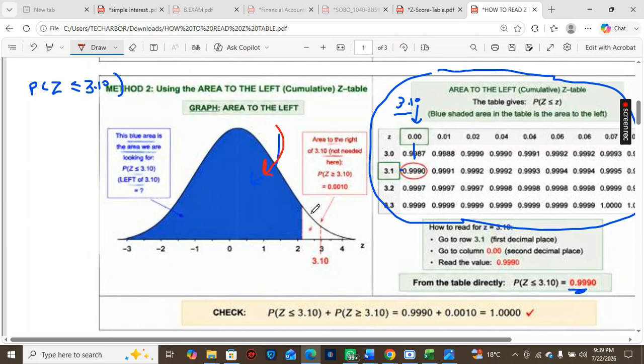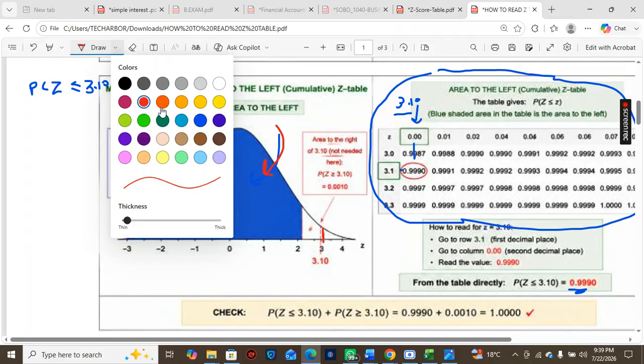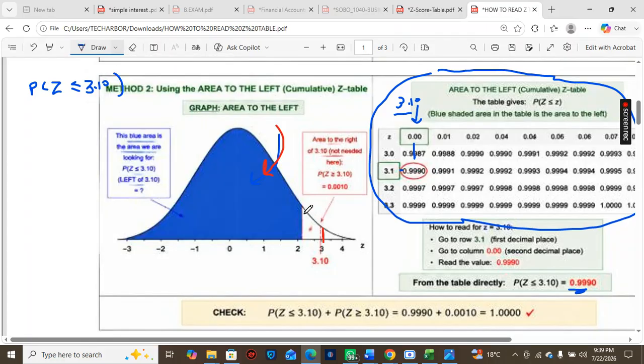On this graph here, you find 3.1. 3.1 is here. Then this area in blue is representing the 99.9%.